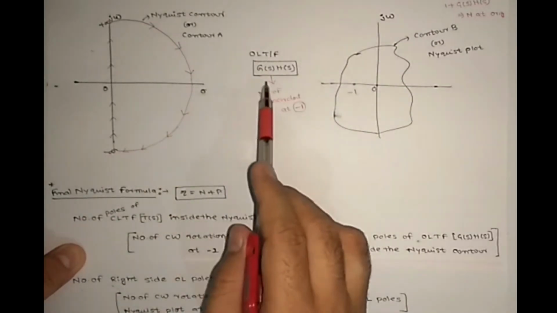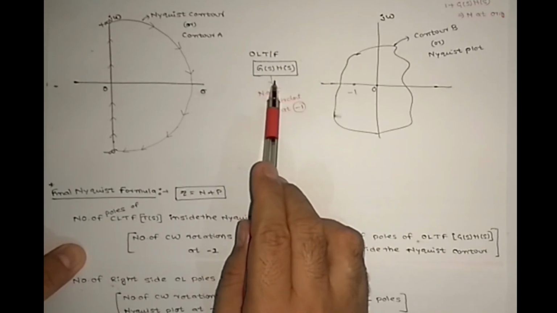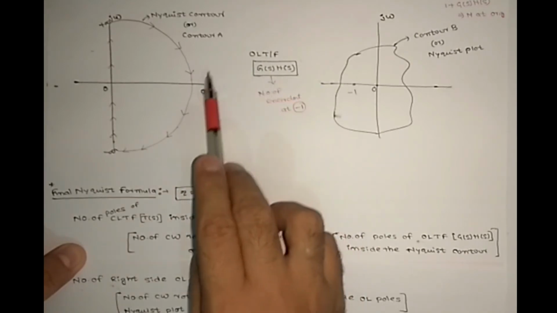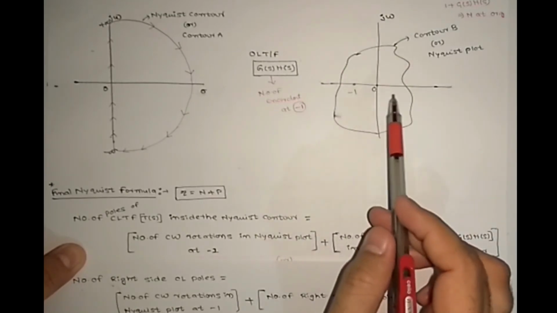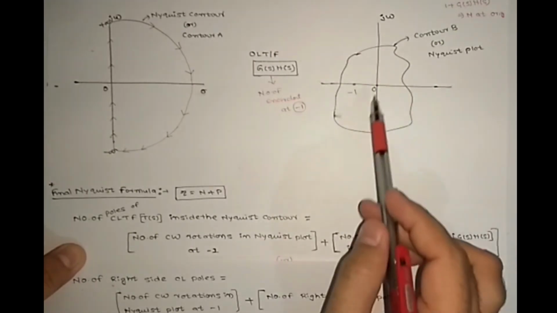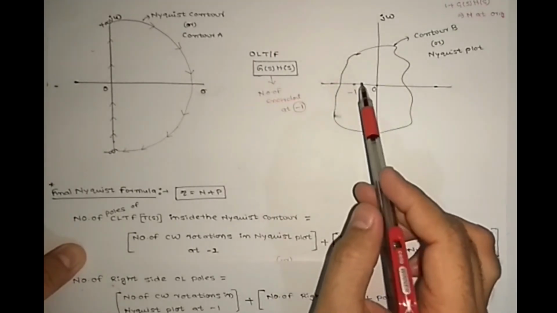See, if we use this Nyquist contour, and this Nyquist contour is mapped by using the open loop transfer function, and you have drawn the Nyquist plot. Okay, now instead of counting encirclements at 0, I am counting at -1, not 0.